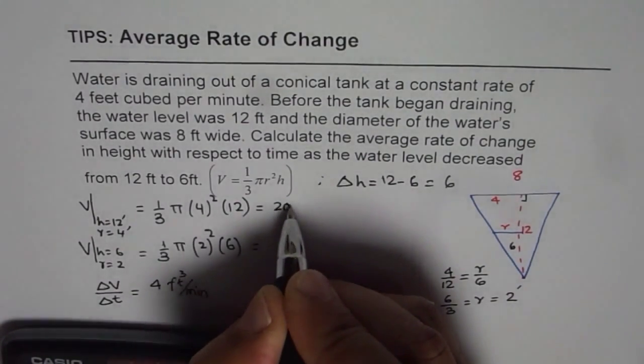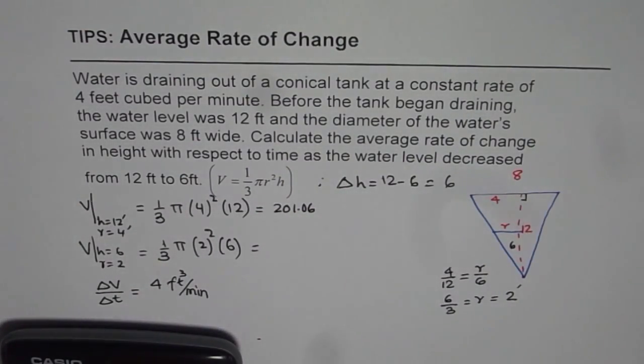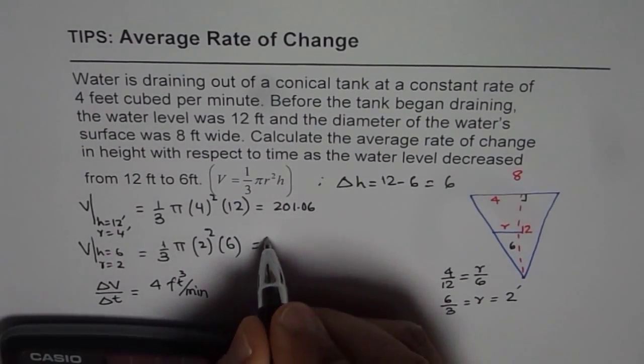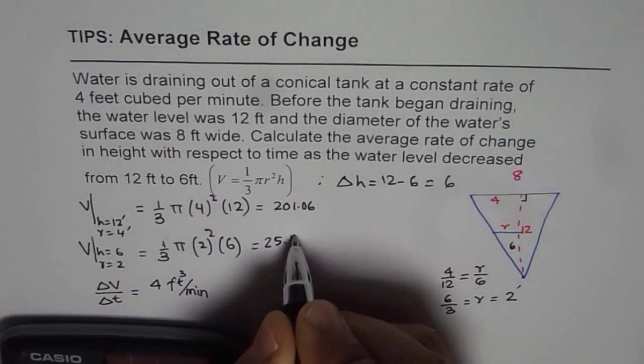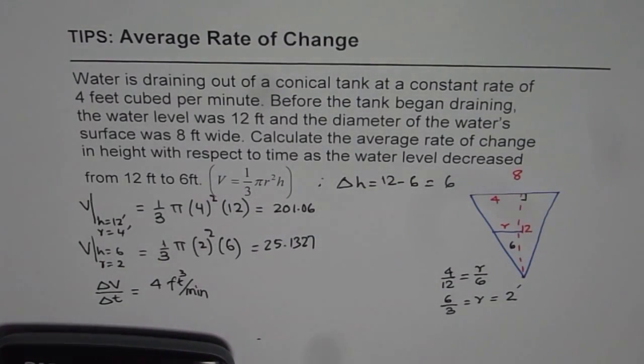So we get 201.06, and for the other one we have volume equals pi times 4 times 6 divided by 3, and that is 25.1327.